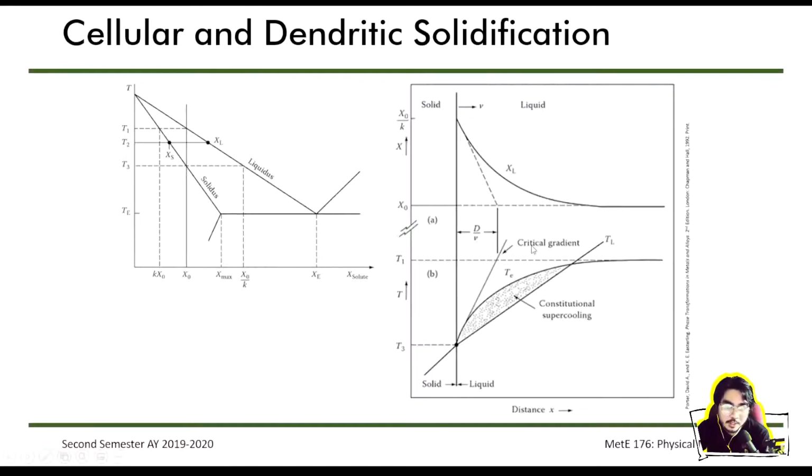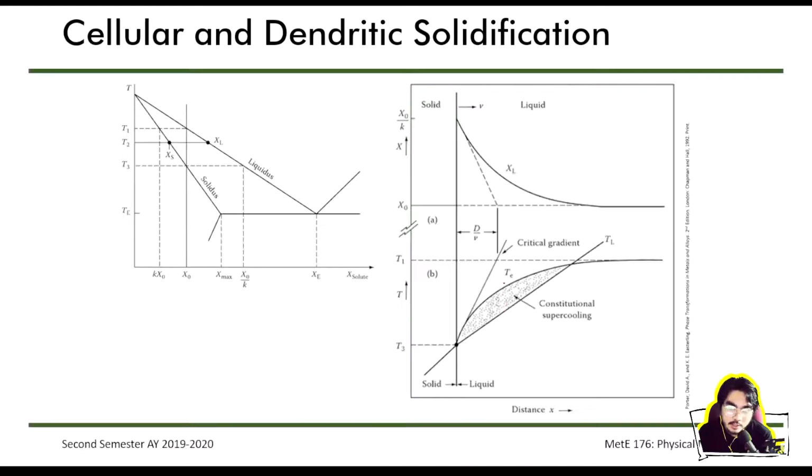Anything slower than the critical gradient, for example if you follow this TL right here, is a slower gradient. These gradients are a change in temperature over distance. If you have a slower gradient right here and you look at a certain point, for example here, oops.